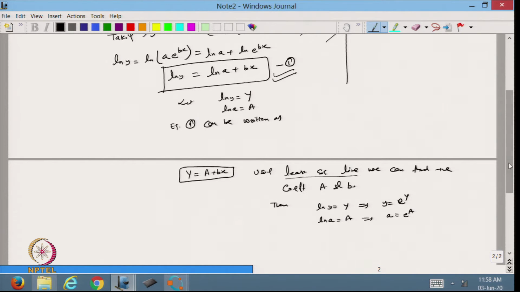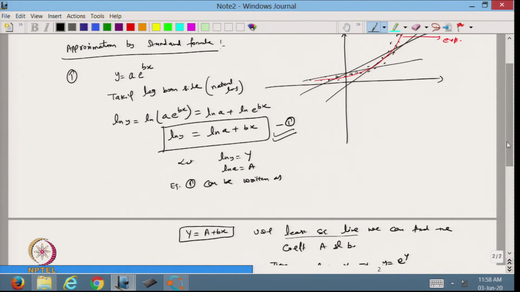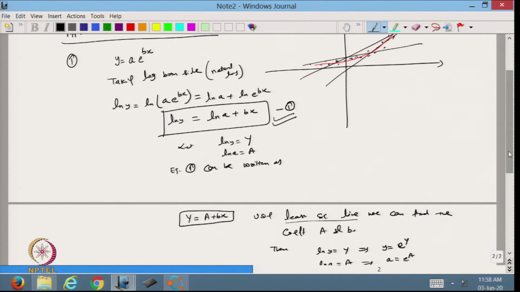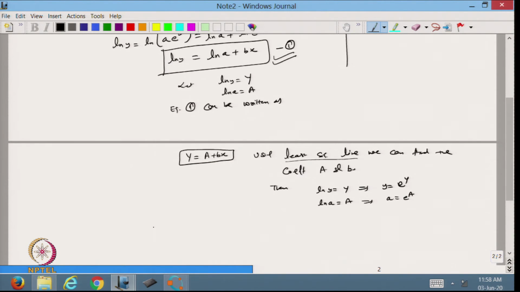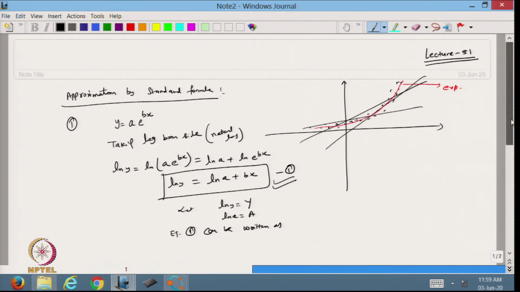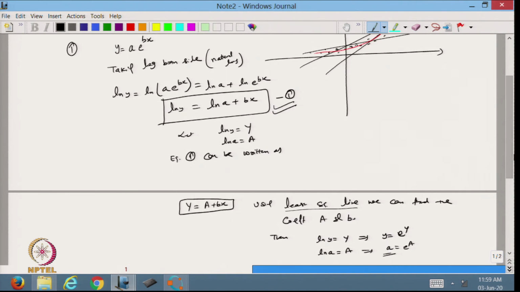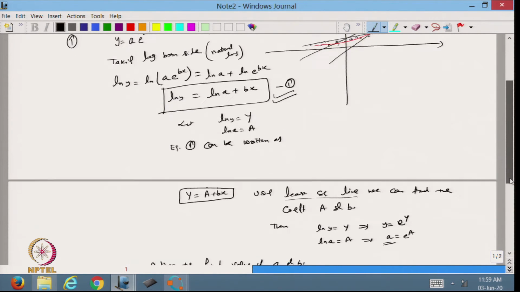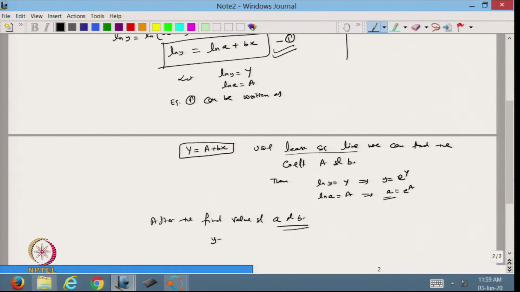Once I have the values of small a and b, I am able to find my exponential function y = a e^(bx).